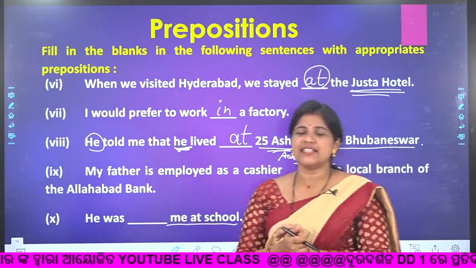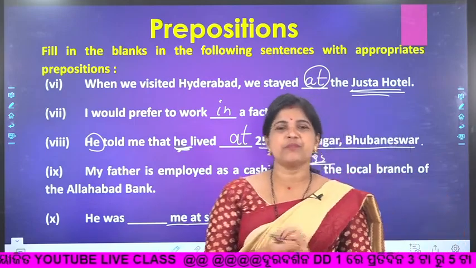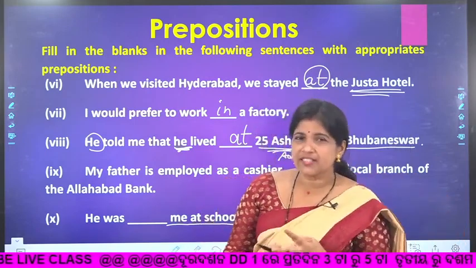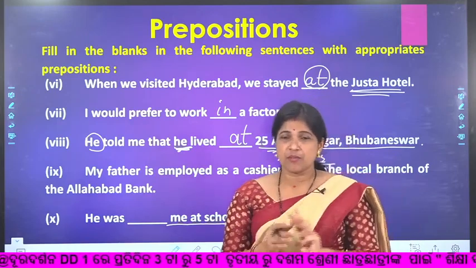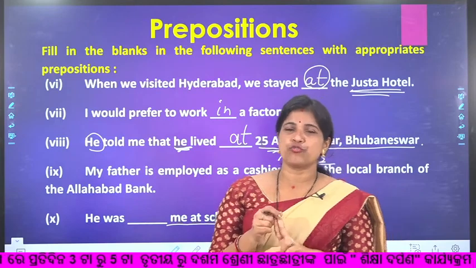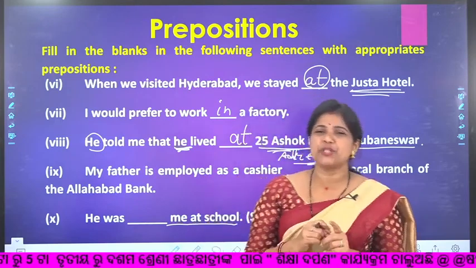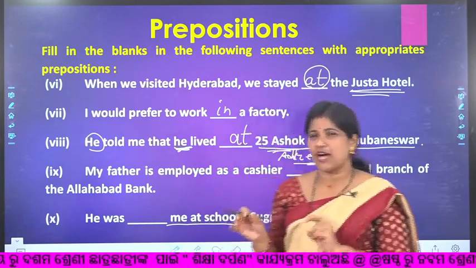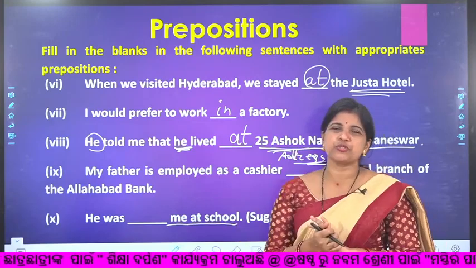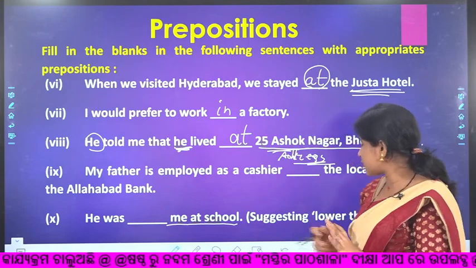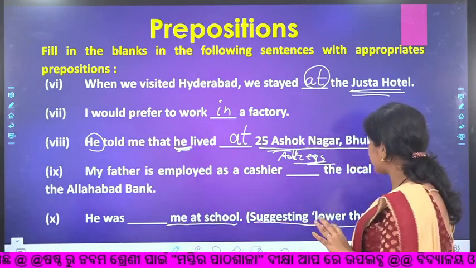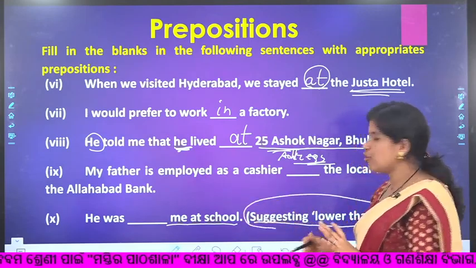So, this sentence comes from below, under, above and over. These 4 are somehow confusing. One is over, under, another is below and above. So, out of the 4 you have to use a preposition here. He was dash me at school. So, which one is it? The clue given suggests lower than.